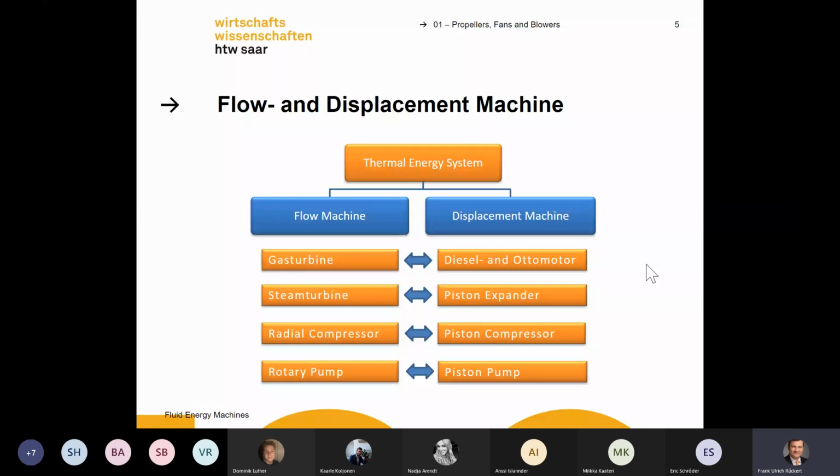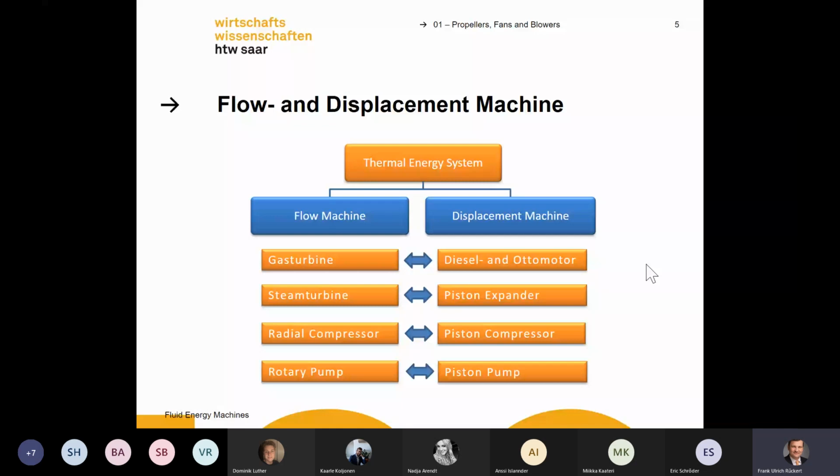We can also have piston expanders. Maybe you all know old steam locomotives, old steam trains. They had piston expanders. But in this lecture, I will also show you modern piston expanders. It's a quite interesting topic up to today.